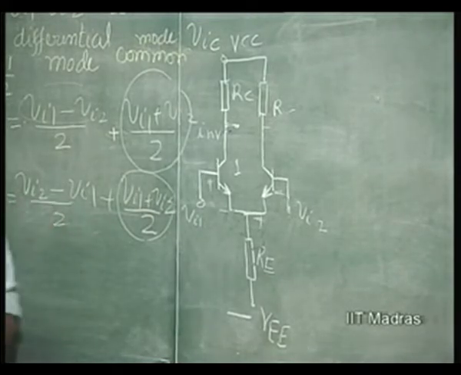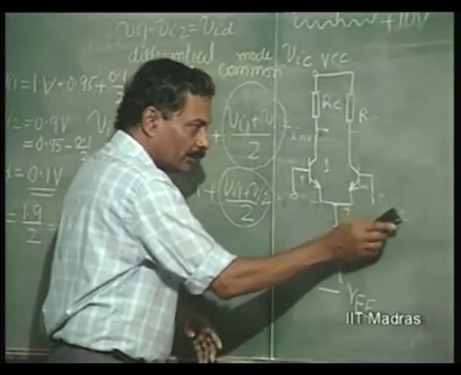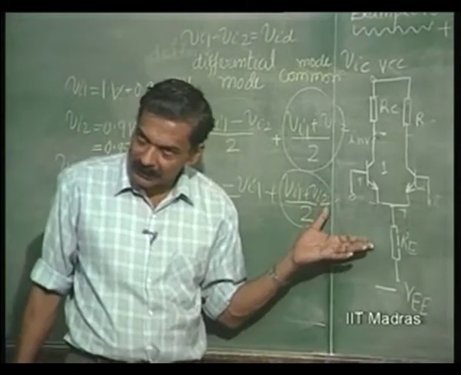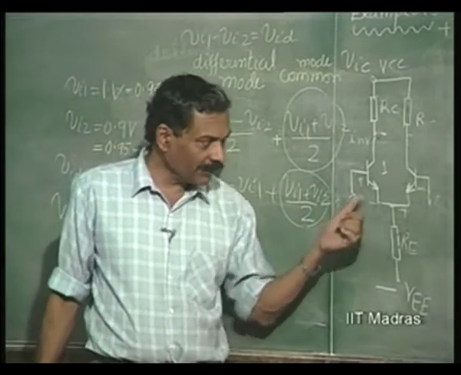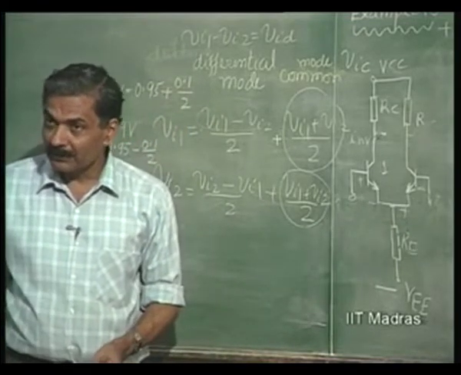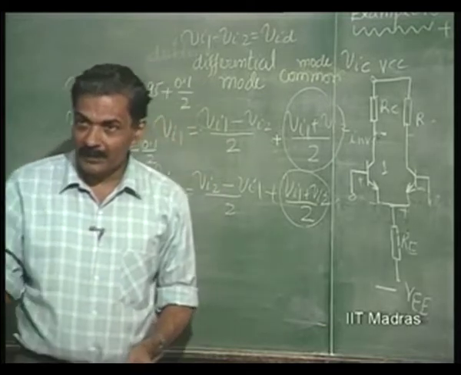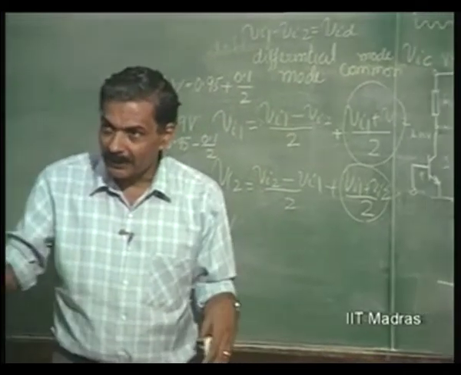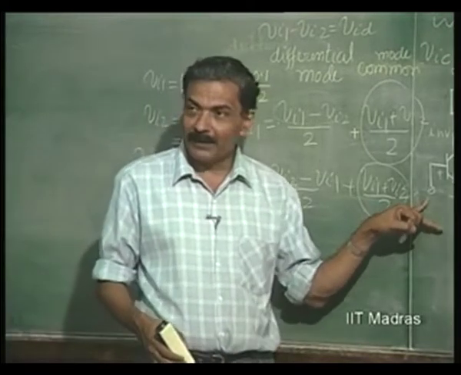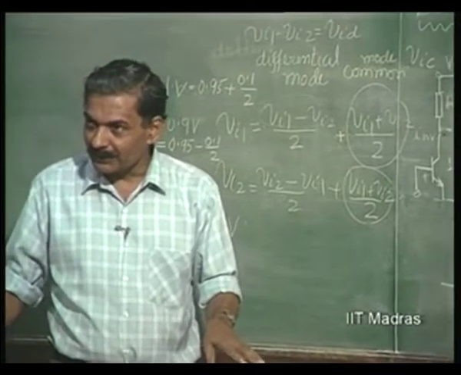This is a symmetric network. So, we will now apply, not Vi1, because this is linear, we can apply the superposition theorem. So, if I have Vi1 and Vi2, I can apply Vi1 first and make Vi2 0, and find out the output. We make Vi1 0, apply Vi2 and find out the output, and add the two outputs, or I can split Vi1 and Vi2 into separate components and use these components to excite this.